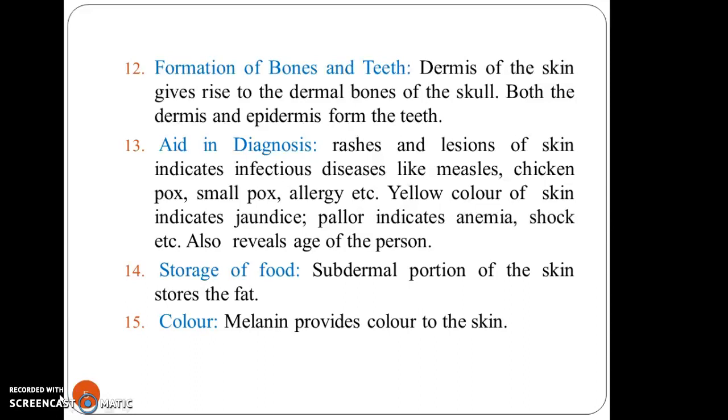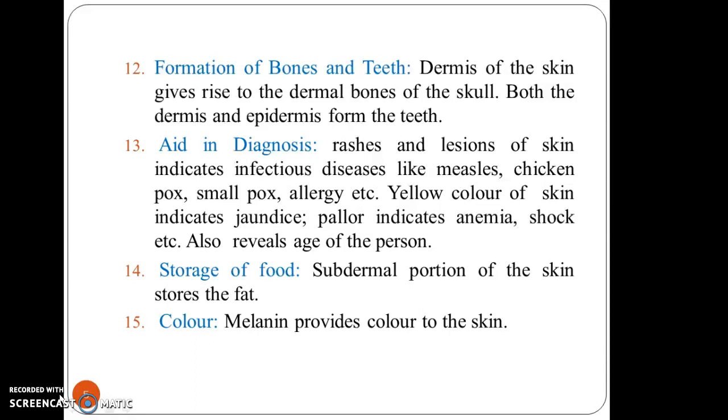Rashes and lesions of skin indicate infectious diseases like measles, chickenpox, smallpox, allergy, etc. Yellow color of skin indicates jaundice and pallor indicates anemia, shock, etc. Skin also reveals the age of the person. As we see in old age, the wrinkles of skin reveal that the person's age might be more.